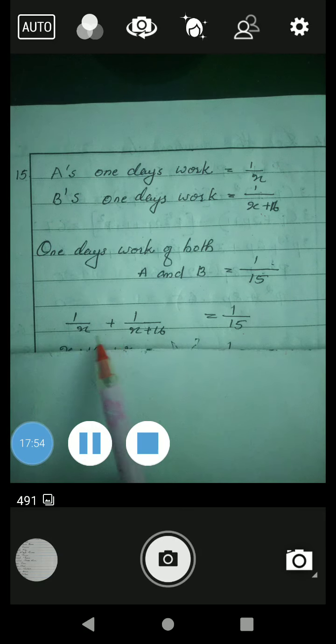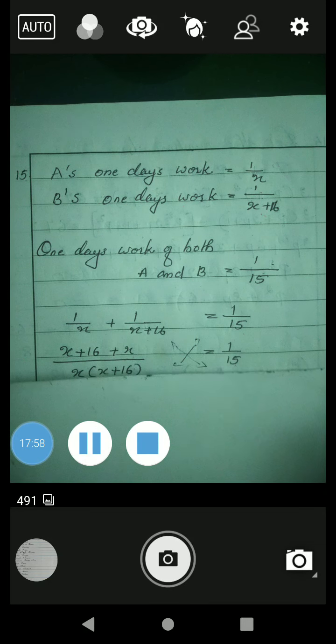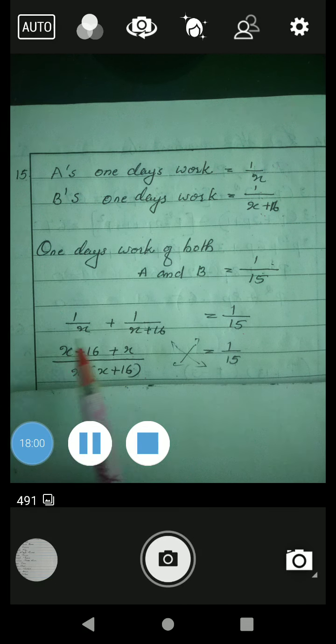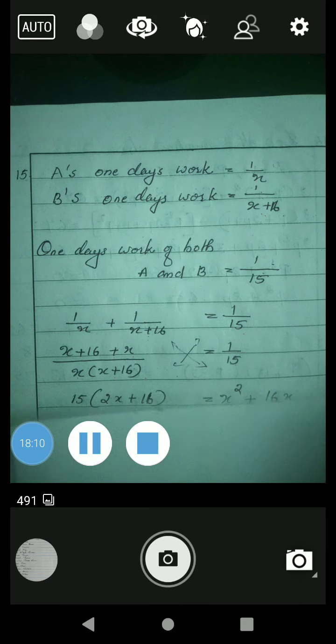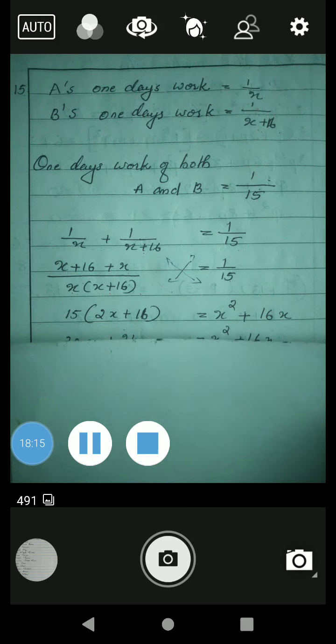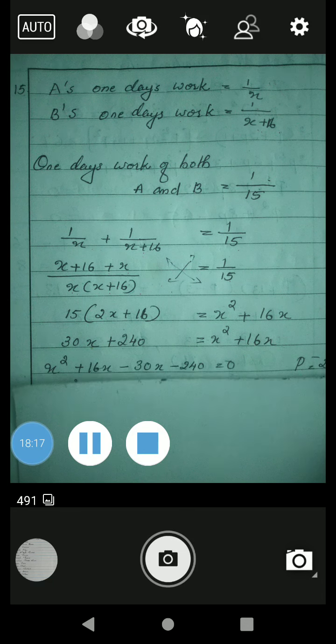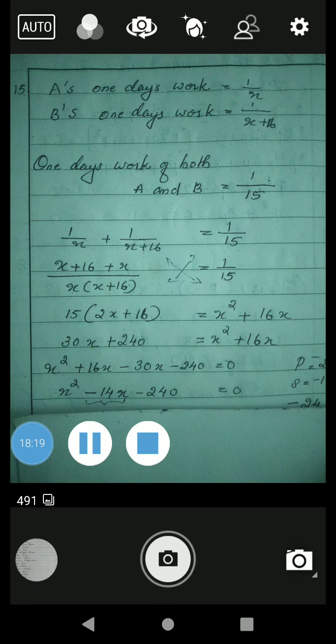Take the LCM, that is x into x plus 16, the product of these two, and simplify. And cross multiply. And you can see the steps. Just simplification. And you will get a quadratic equation at last.